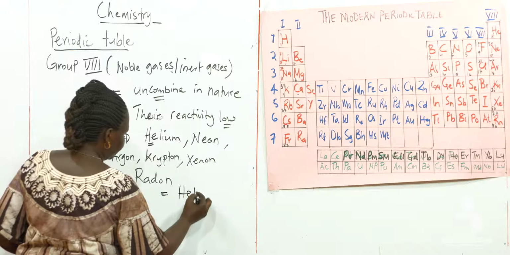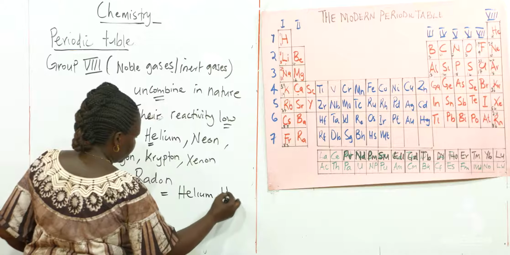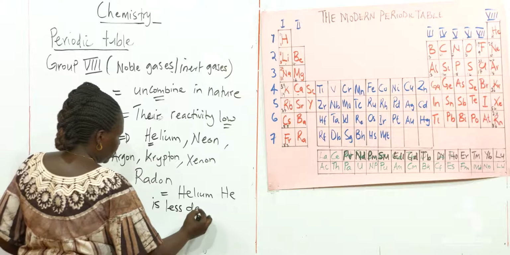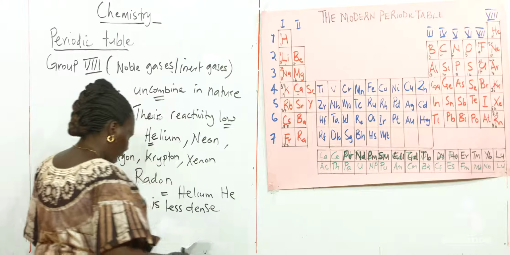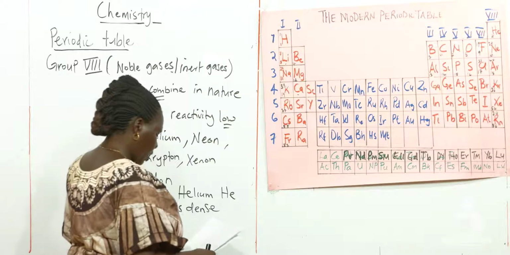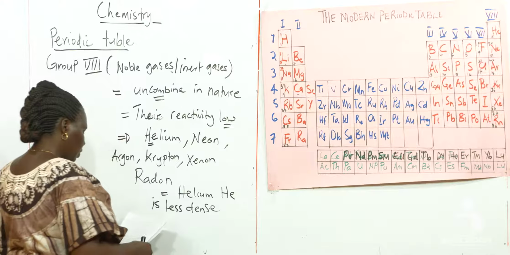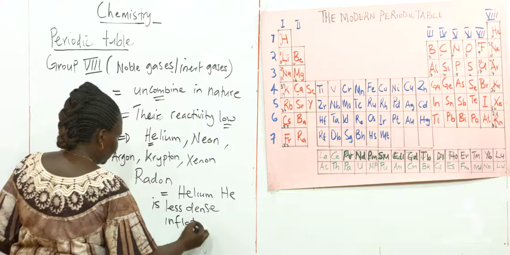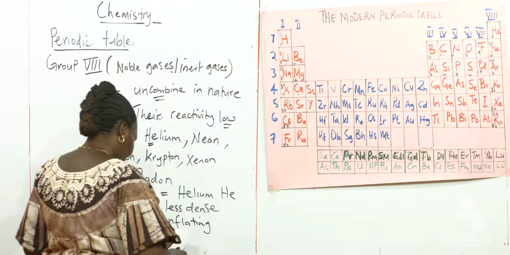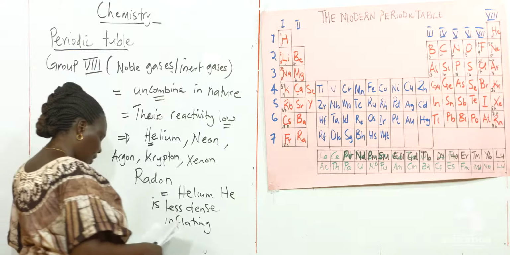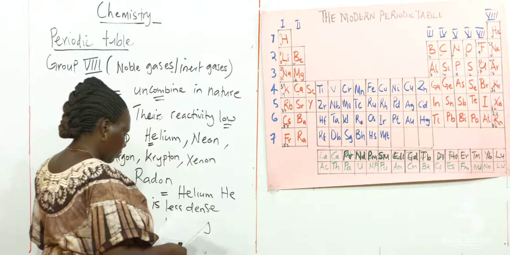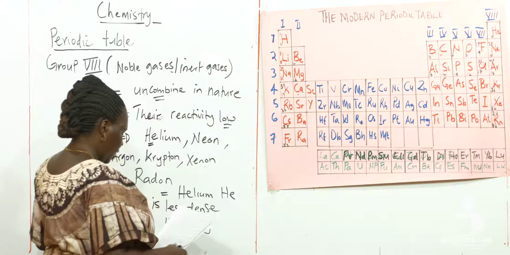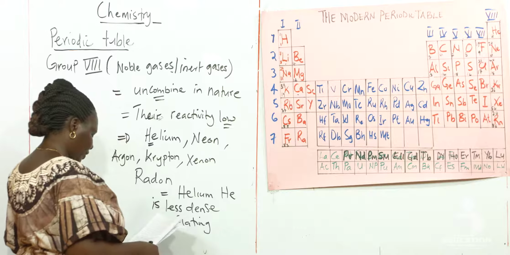Helium, symbol He, is lighter than air. So helium is used for inflating balloons of all kinds, that is balloons for entertainment, and balloons used for several applications, like sporting events.